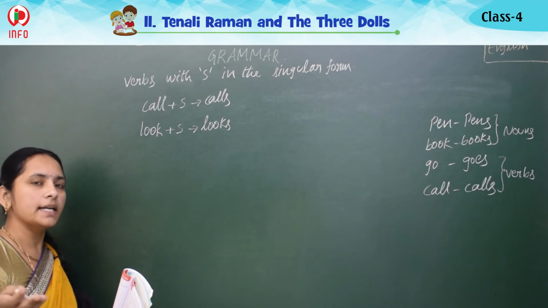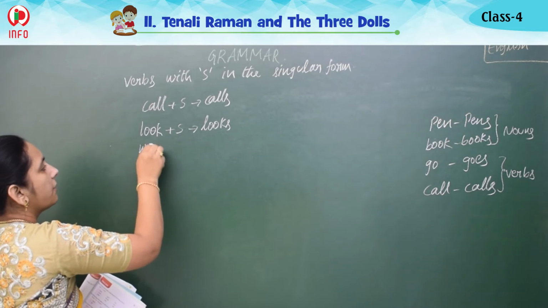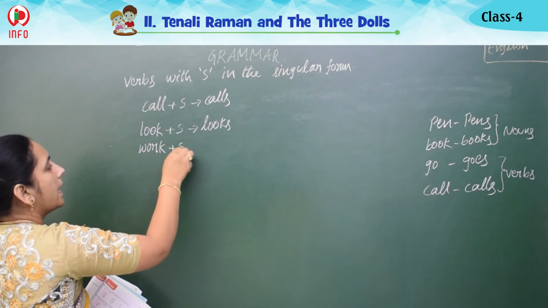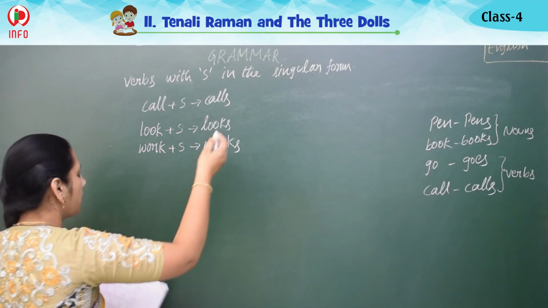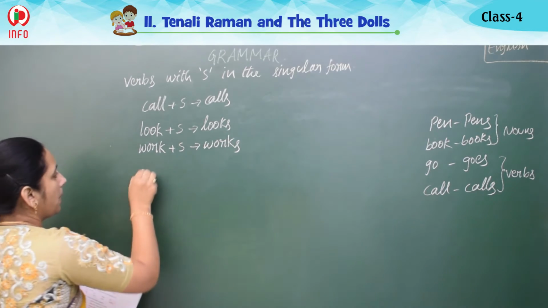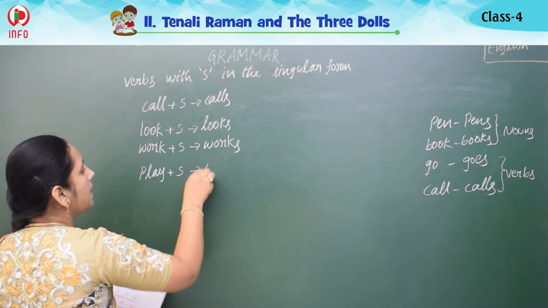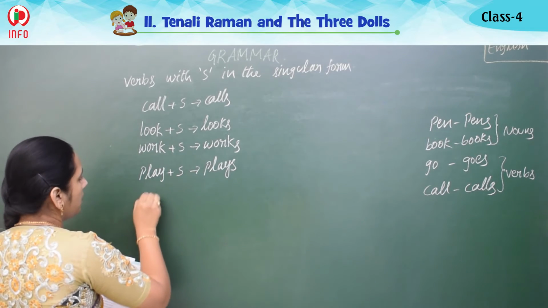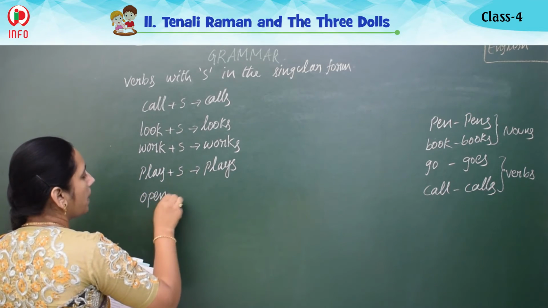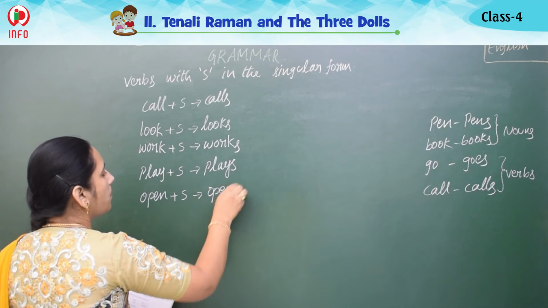Some of the verbs, if you see here, work, we add just S, and we get works. Next one, play. For this also we add only S, plays. Next one, open. For this also we add only S, opens.